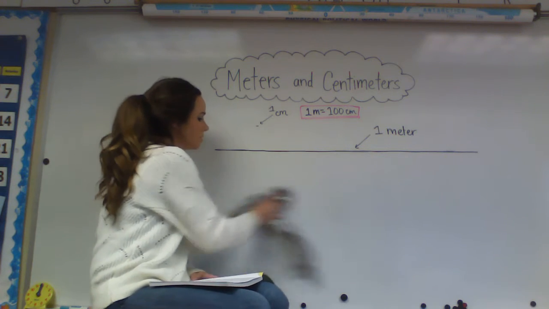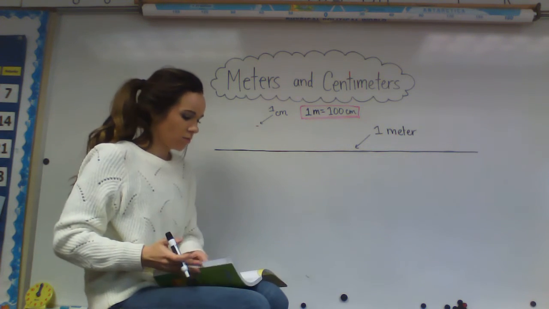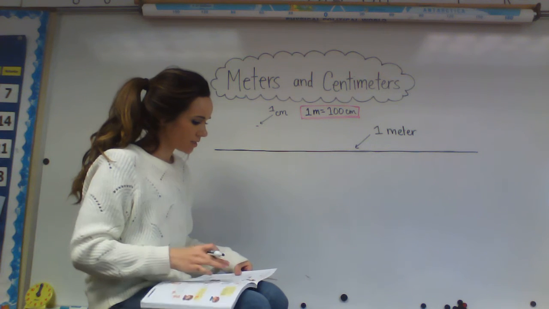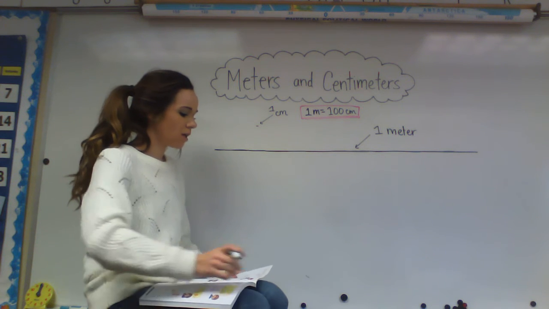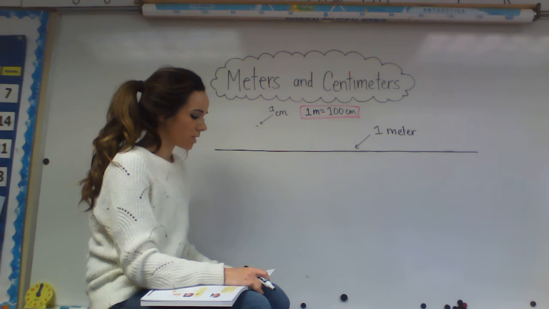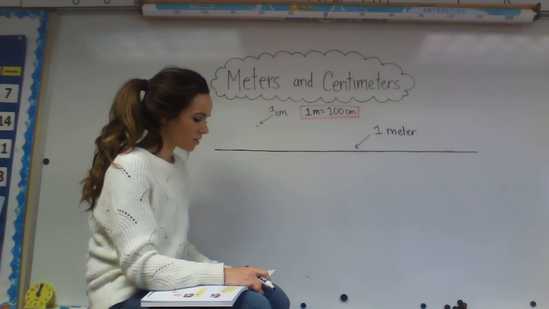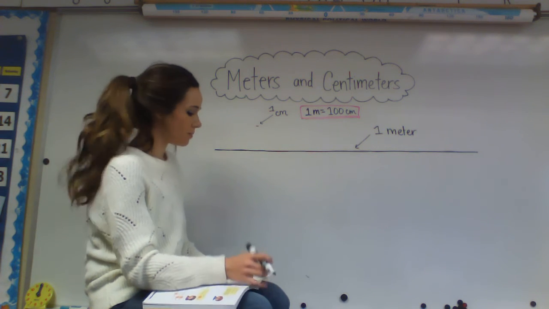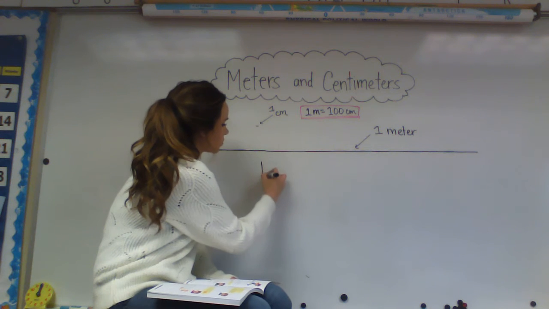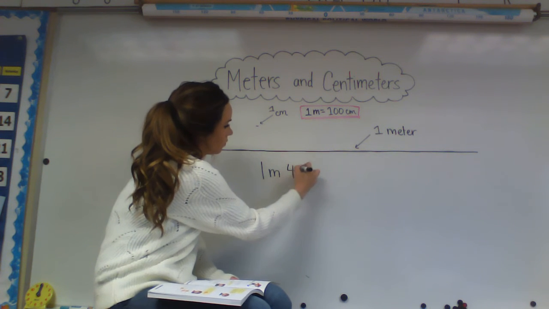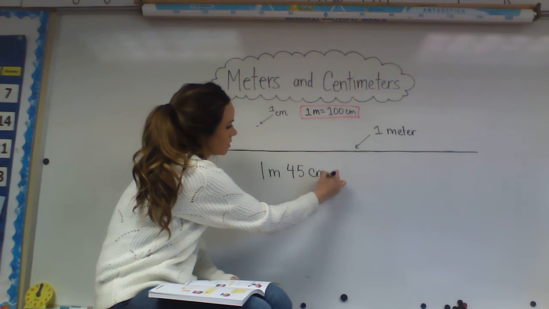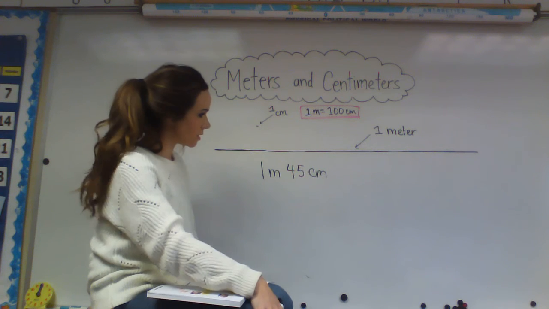Next, we're going to measure the distance of a jump. David's long jump results in 1 meter, 45 centimeters. We need to write this distance in centimeters. He jumps 1 meter and 45 centimeters. How long does he jump in centimeters?